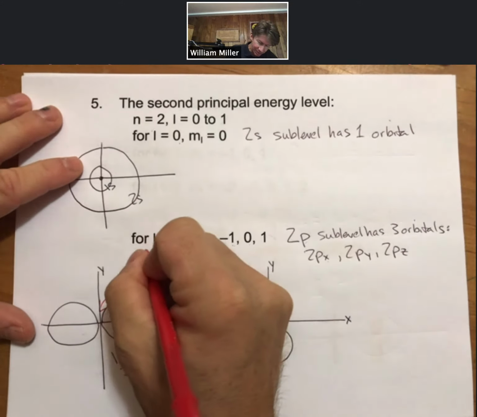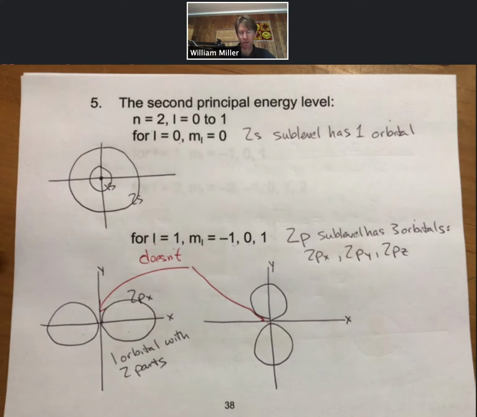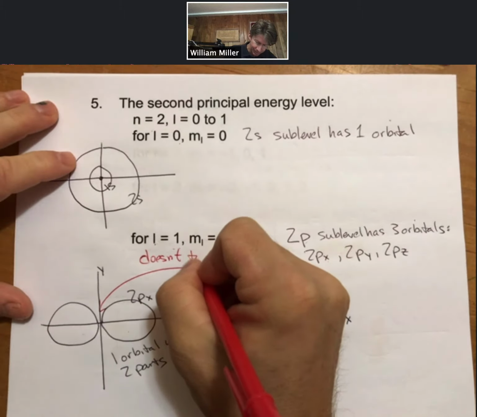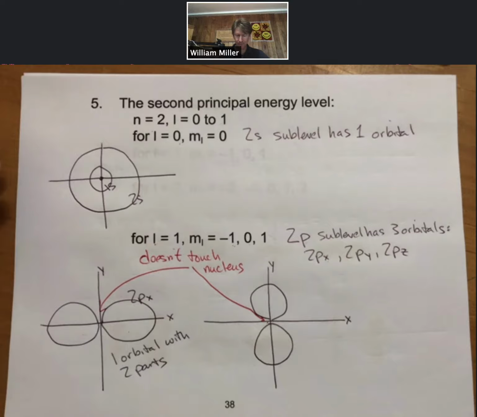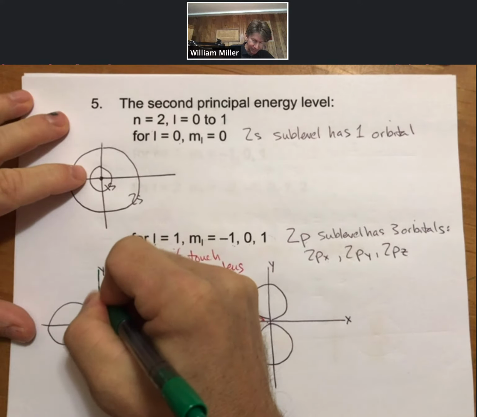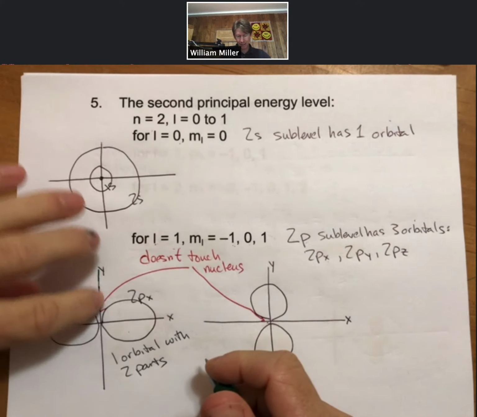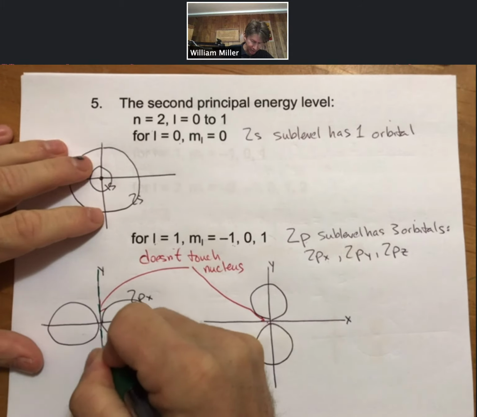So I'm just going to write up here, doesn't touch nucleus. Okay. And then the other thing I'll tell you is that this surface, this plane that is the YZ axis, is what we will call a node.